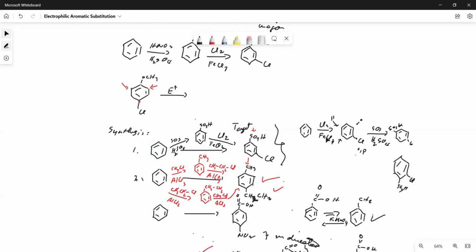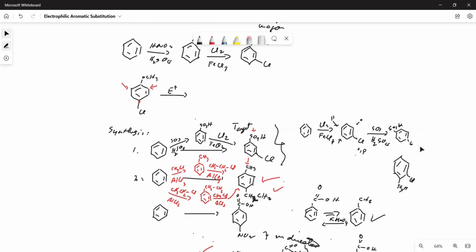Here's the trial. If you attach the chlorine first, by chlorination reaction, you produce chlorobenzene. And take note that chlorine is an ortho-para director. So if this is followed by sulfonation reaction, then the sulfonic acid group will be attached at the ortho position like this, and at the para position like this.